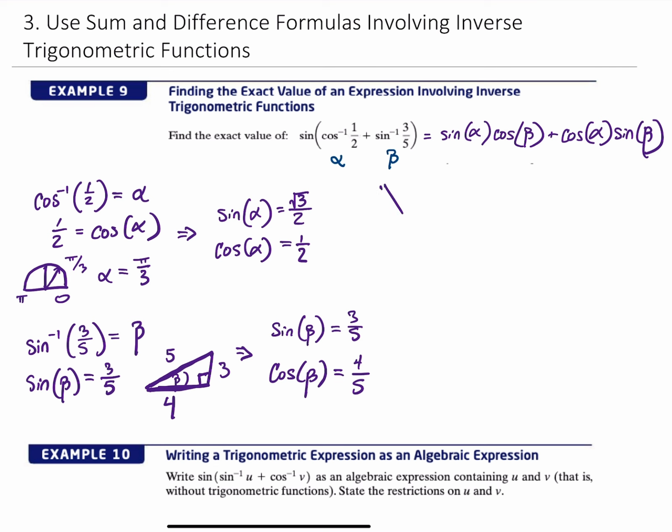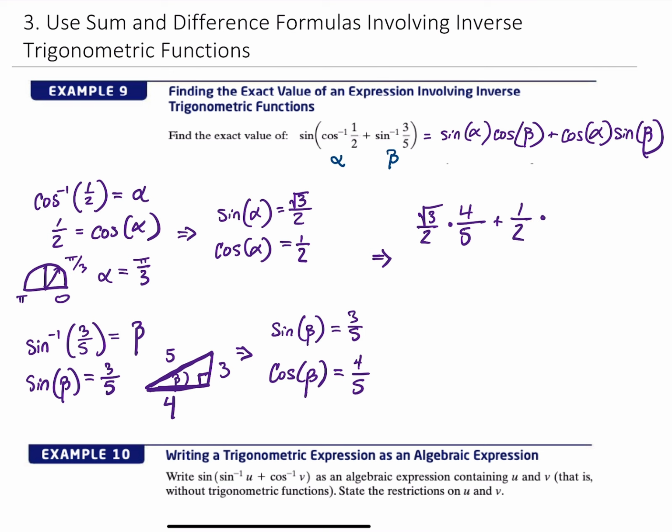Because this is really just sine of alpha plus beta, which we've expanded out here. So let's plug in all of the values that we know. Sine of alpha is √3 over 2. Cosine beta is 4/5. Plus cosine of alpha is 1/2.